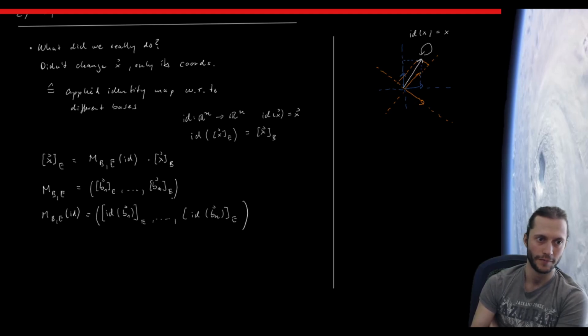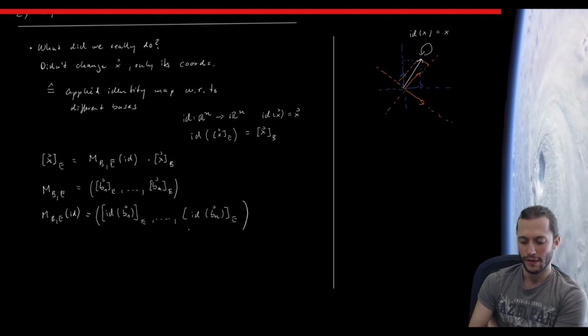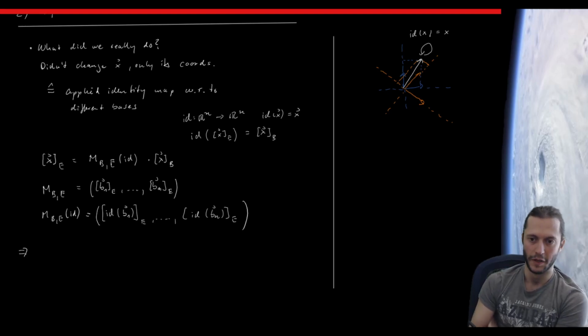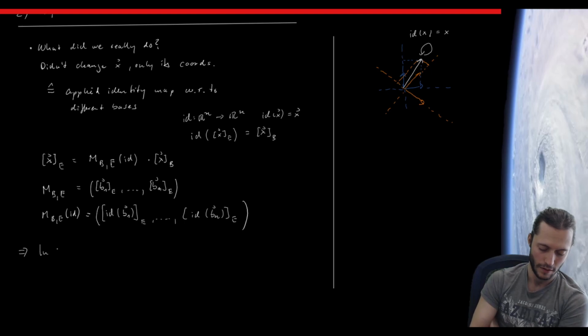But we already found out that the change of coordinate matrix is the matrix representing the identity map and respecting the basis to come from and to go to. So this is now the big thing. In fact, any matrix representation of a linear map T is built like that.